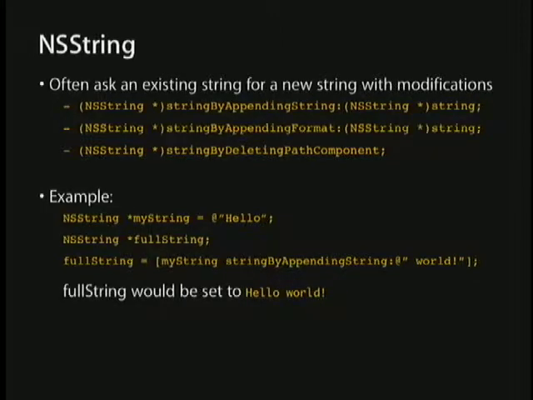So if you're doing path manipulation, there's a bunch of other utility functions in there too. There's one that also appends path components. So it deals with the specifics of worrying about where slashes need to be inserted to specify that a path is broken up. You don't have to worry about doing that yourself. Definitely use the NSString utility methods. They're really great for that. And that's an example of appending world to hello, and you end up with the string hello world.